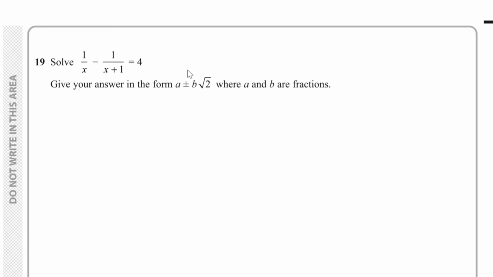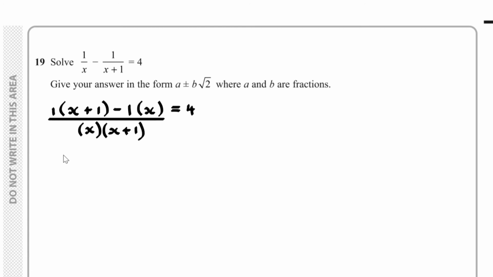Question number 19. You have to solve 1 over x subtract 1 over x plus 1 equals 4. Well, we've got the 1 times by the x plus 1, then we subtract 1 times by the x, and then we divide this result by x times by x plus 1. The result of this is 4.